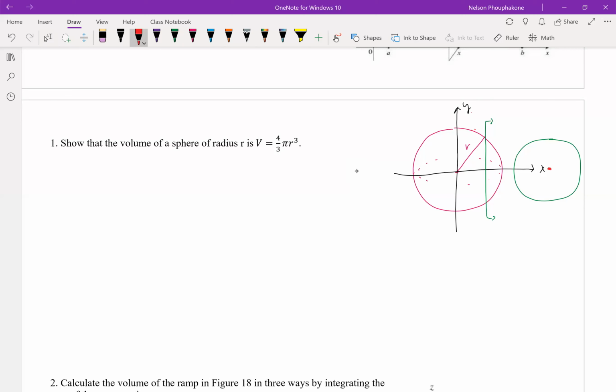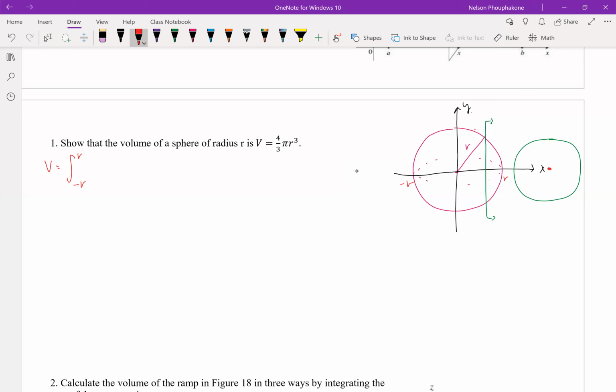Now in this case, I will integrate between negative r and r. So I would like to set it up. The volume is set up between negative r and r.